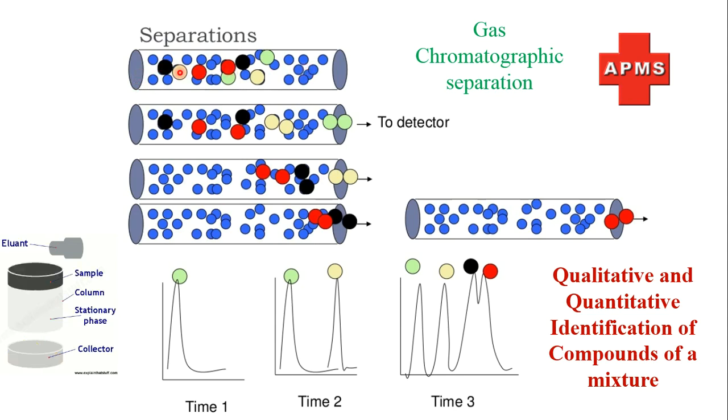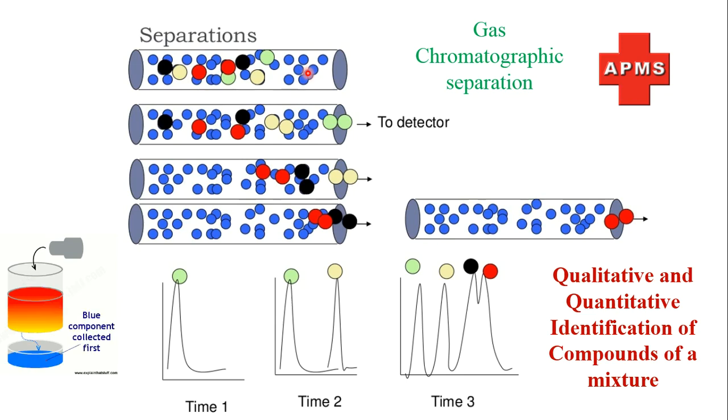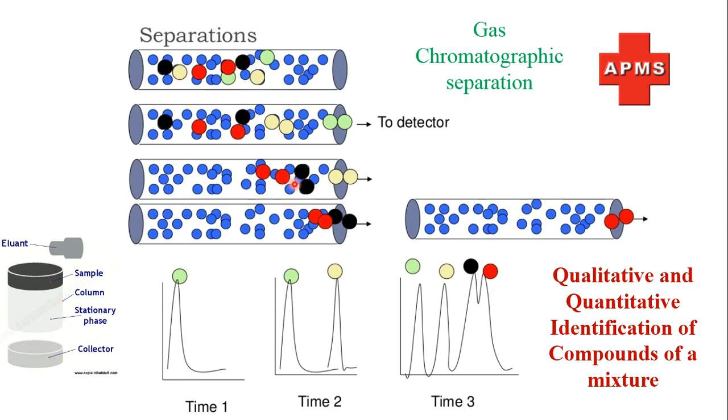As these components of the sample or mixture pass through this column, through the channels and pores of the stationary phase, then it separates according to their interaction inside that column.